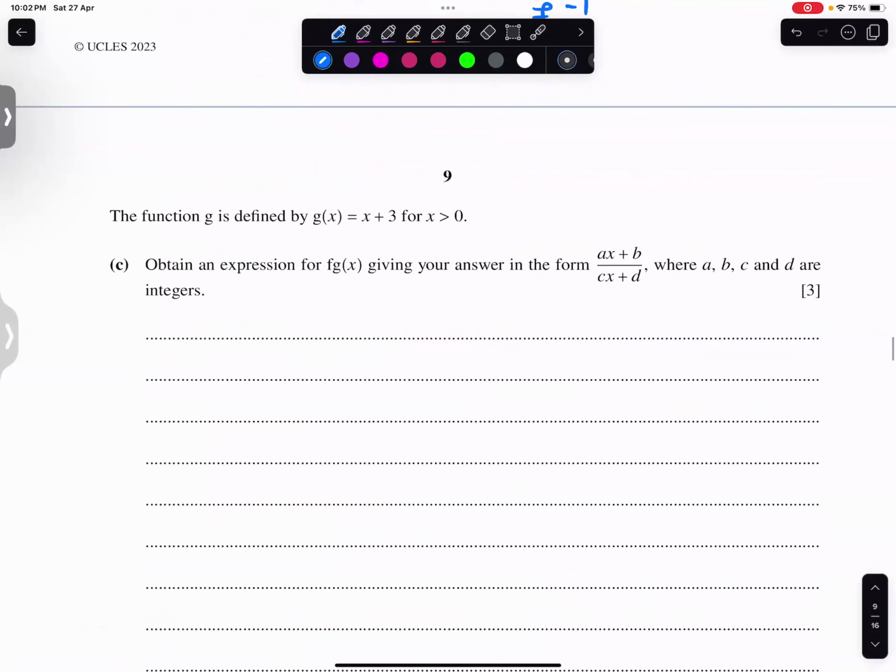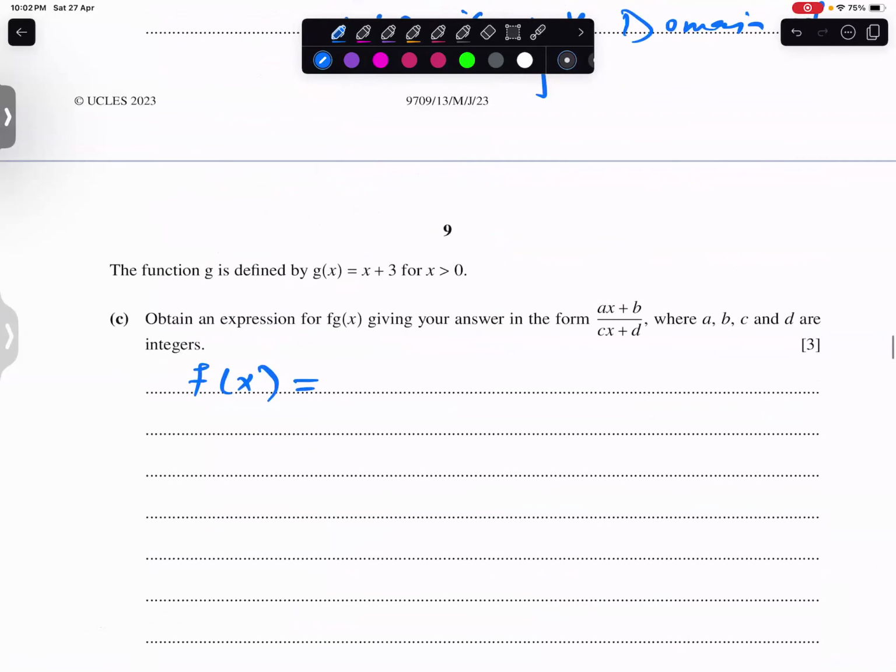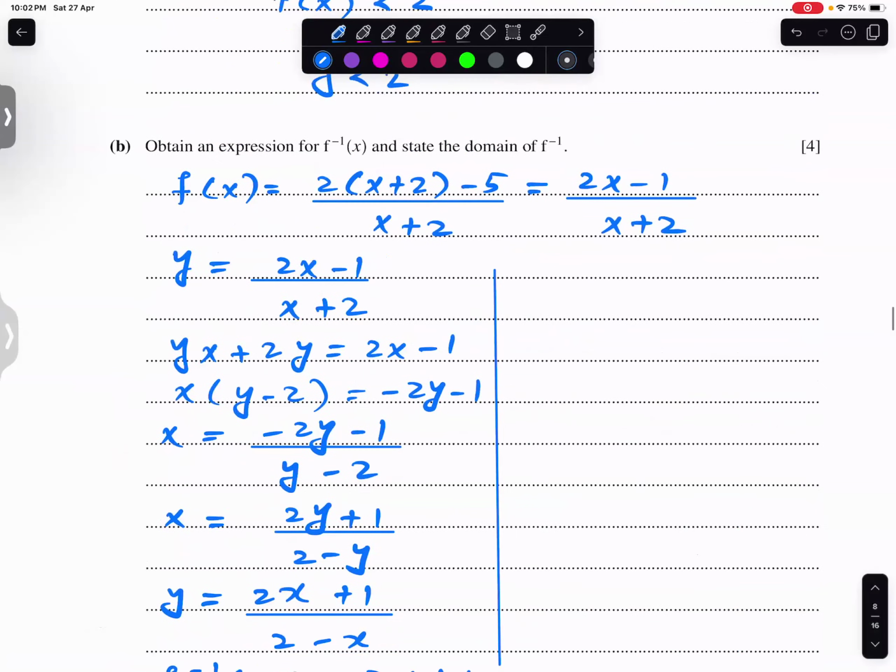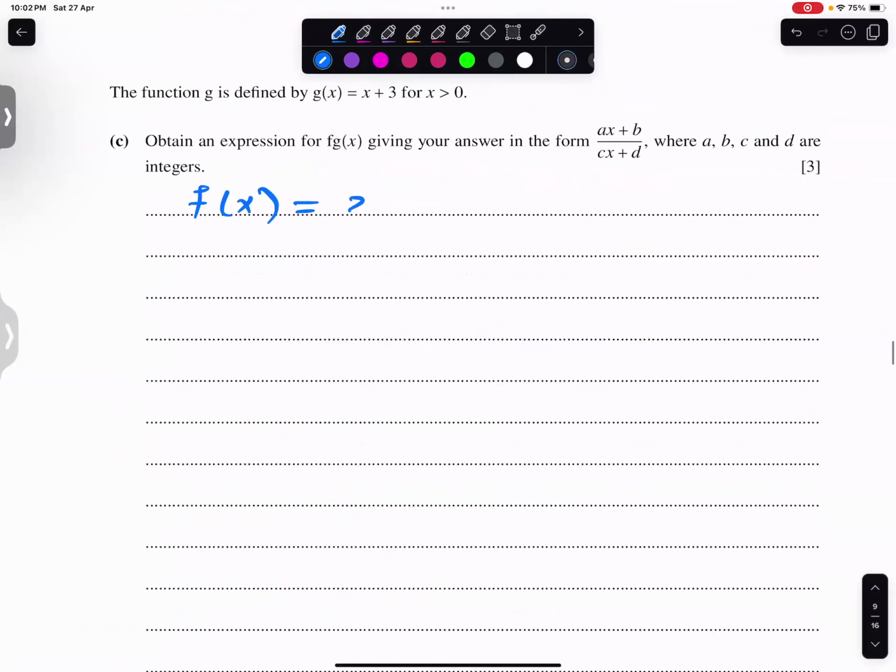The function g is defined by g of x is equal to x plus 3 for x greater than 0. Obtain an expression for fg. What is fg? Let me write first of all f. F was 2x minus 1 over x plus 2.